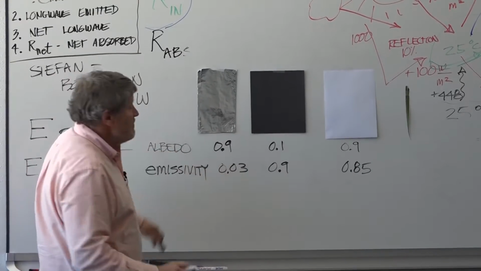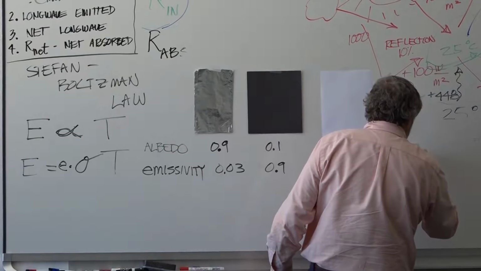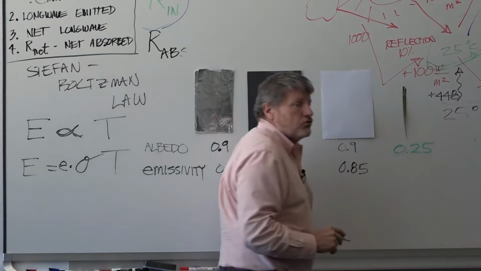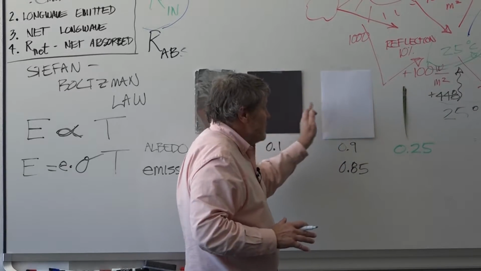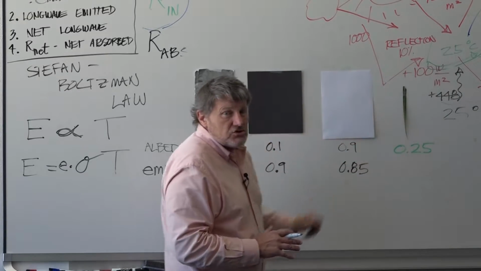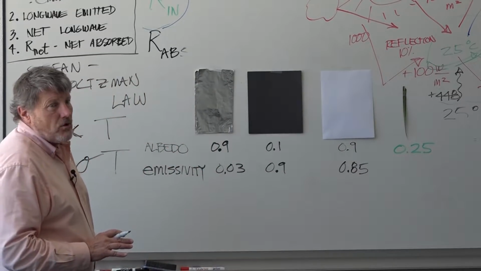Typical albedo of a leaf, and I'll put this one in green, 0.25. Not intuitive. It's in greens in between black and white, but has a much lower albedo than white paper would.